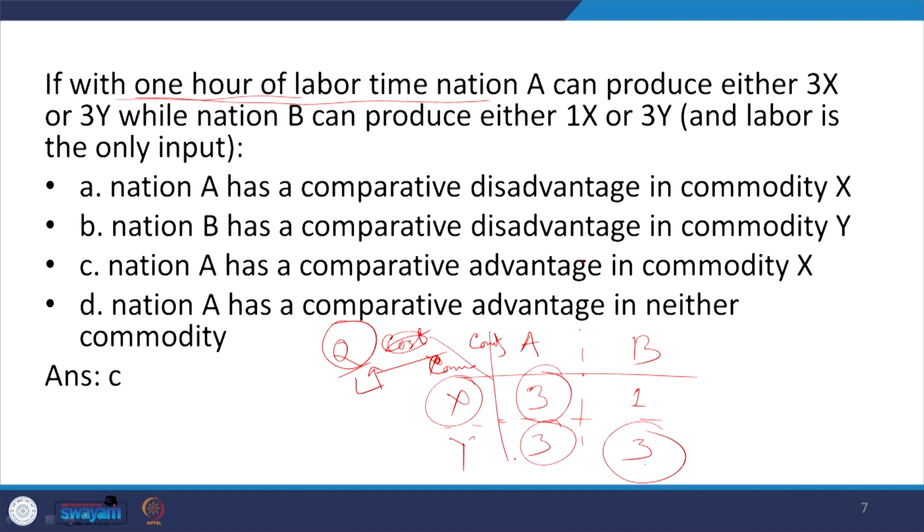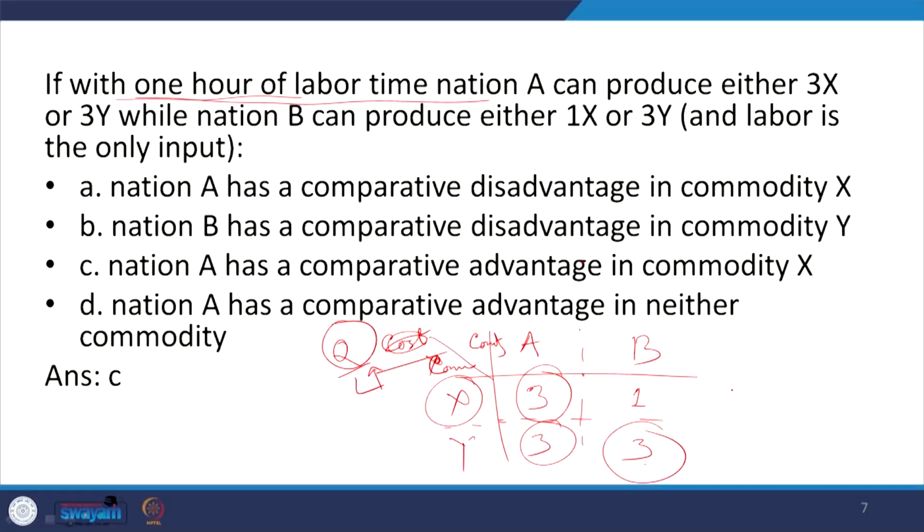So, now there are 3 options. Through absolute cost advantage we cannot define any answer, whereas through comparative cost advantage simply take the terms of trade, 3 by 1, unit cost of production of X in country A and unit cost of production of Y, that is 3 by 3.